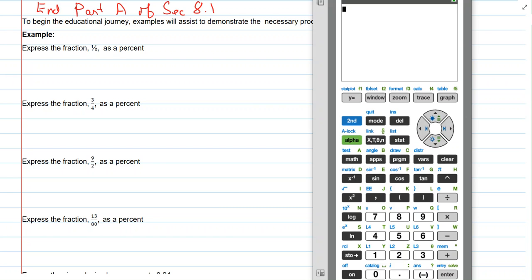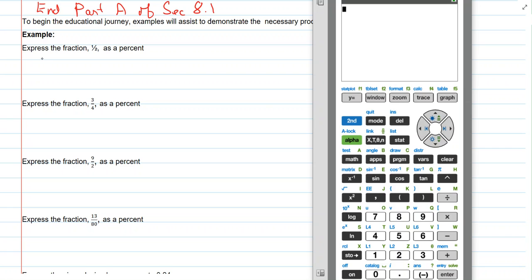So we're going to begin our journey with examples that assist in the demonstration of what we need to do to work the problems. The first one says to express the fraction 1/2 as a percent. Now, all of you know that a half is 50, but let's do it as we were instructed.